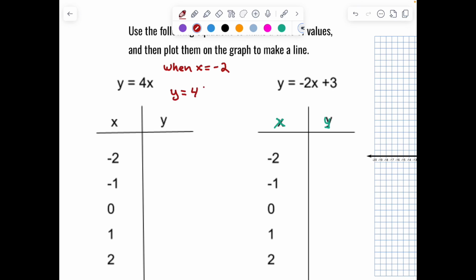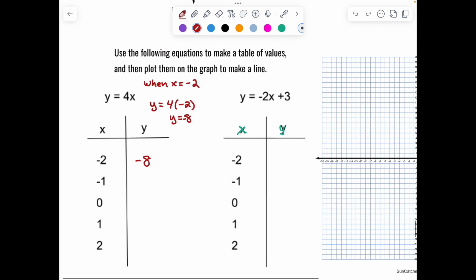So we're going to go ahead and do that. y equals 4 times -2 instead of 4 times x. And that will get us -8. So that's what we can put here in our table of values, because when x is -2, y is -8.